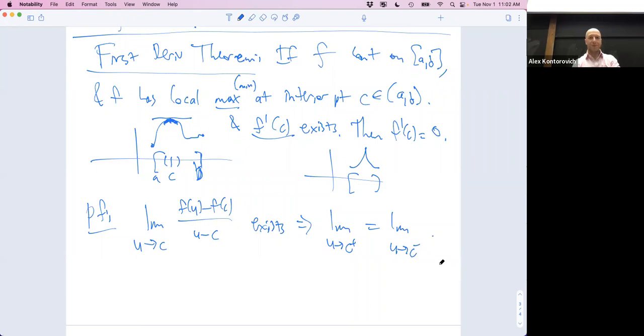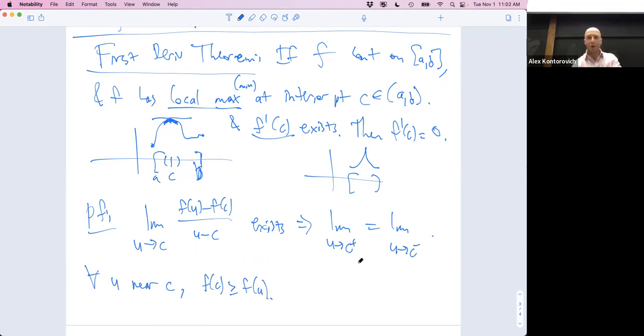Right? Now, c is a local max. c is a local max. So for all u nearby c, in other words, in some neighborhood around c, there's an interval, so that if we restrict ourselves to that neighborhood, for all u near c, f of c is going to be larger than f of u.